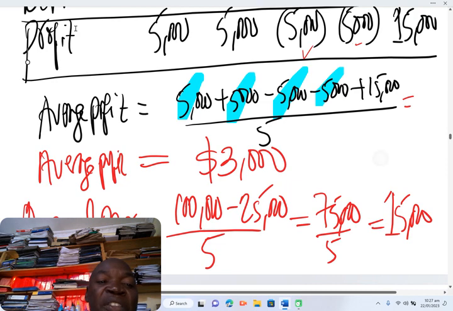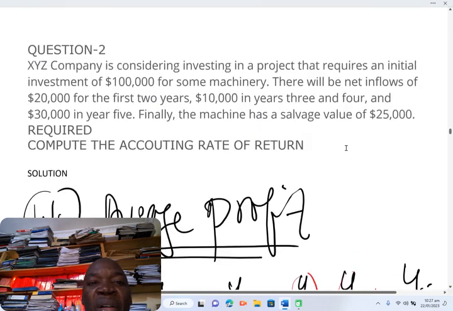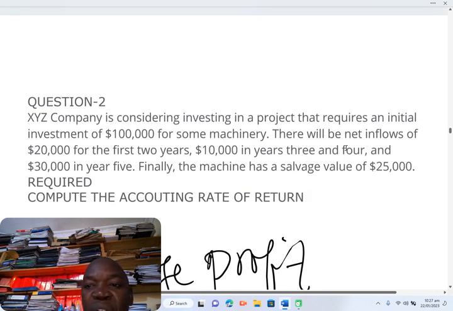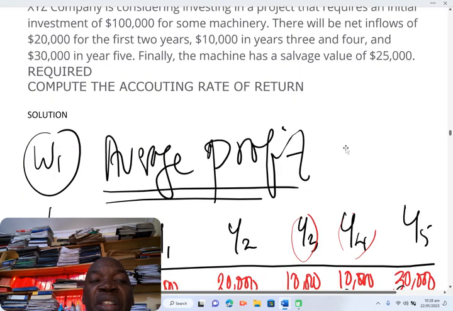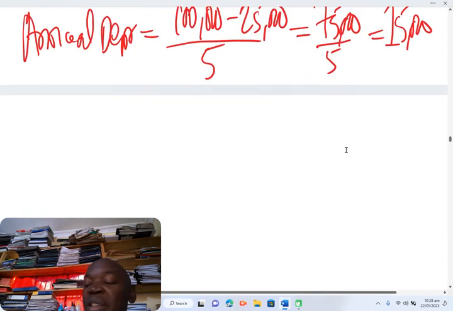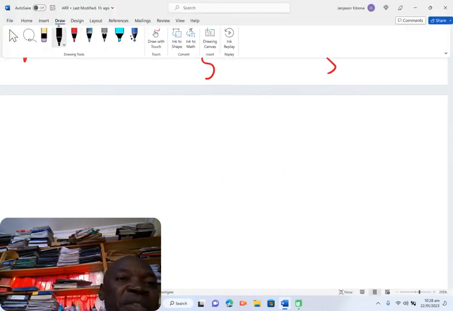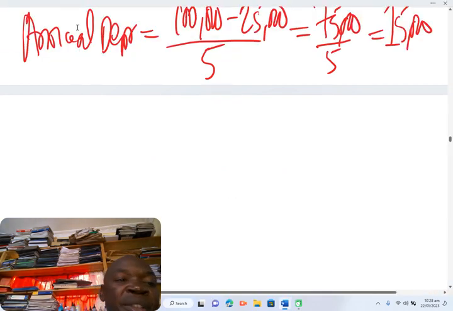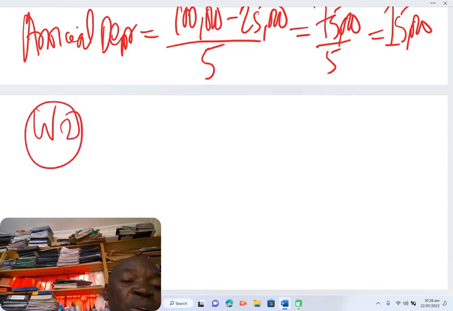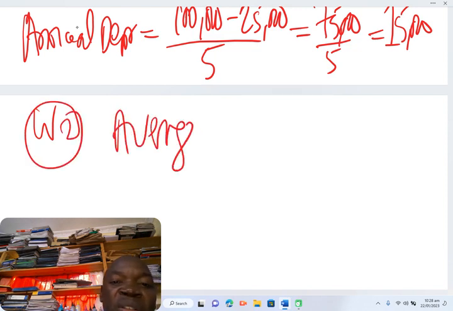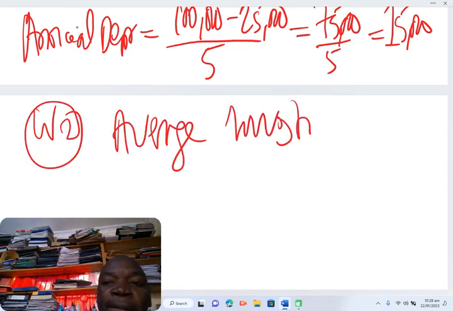So we have the average of 3,000 per period. So we are left with the average investment. Average investment is now the problem to work on.